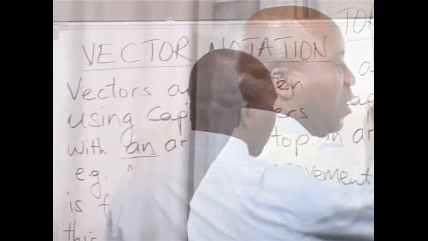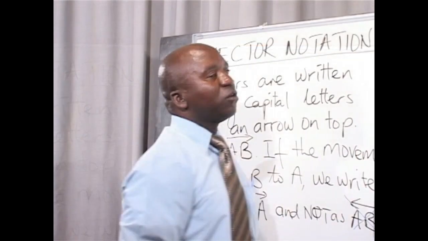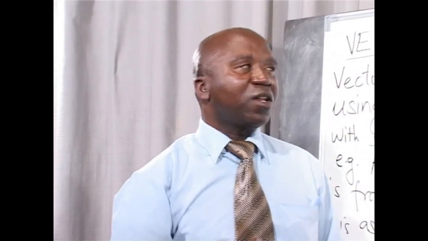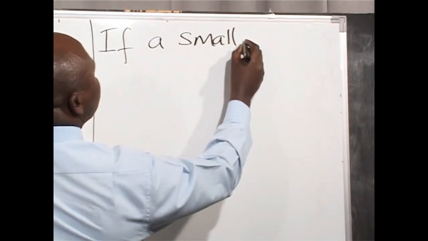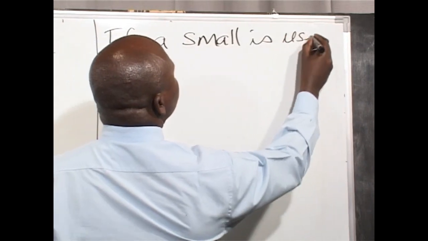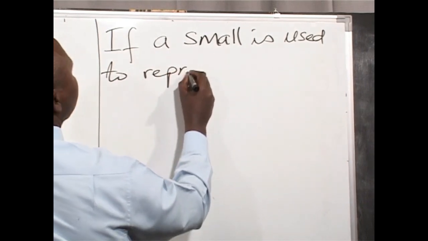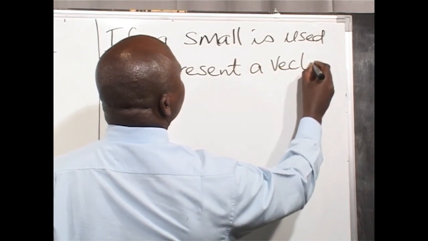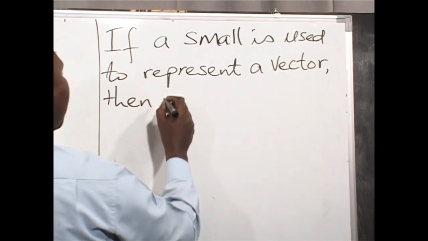As I said, if a small letter is used to represent a vector, then the small letter must be underlined.